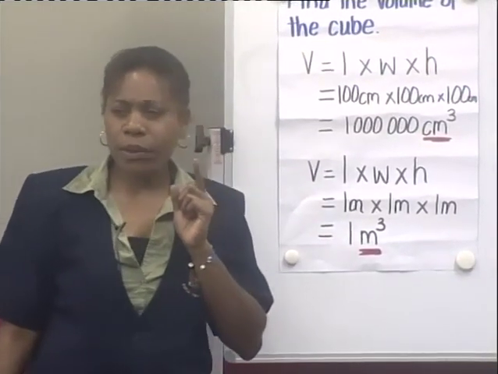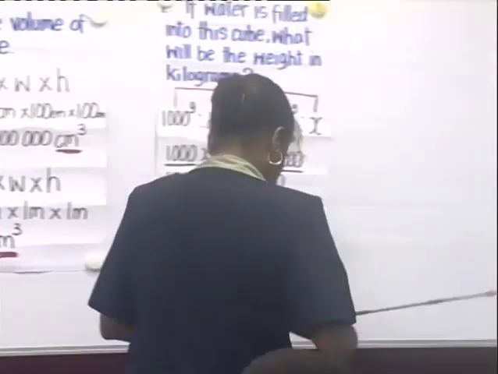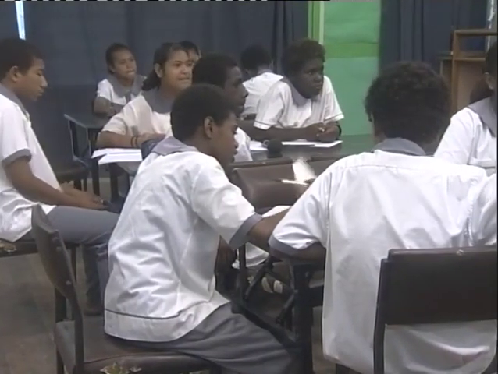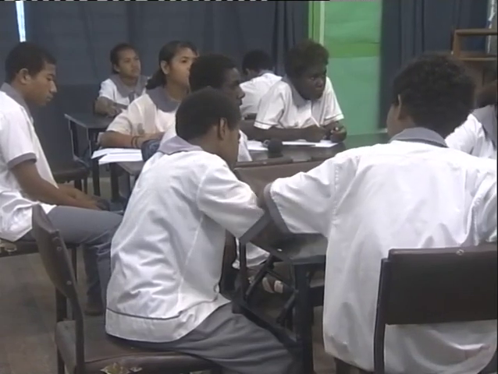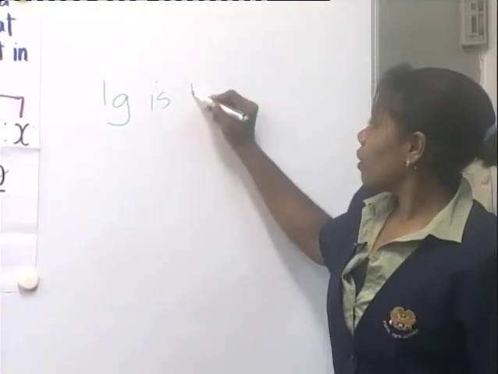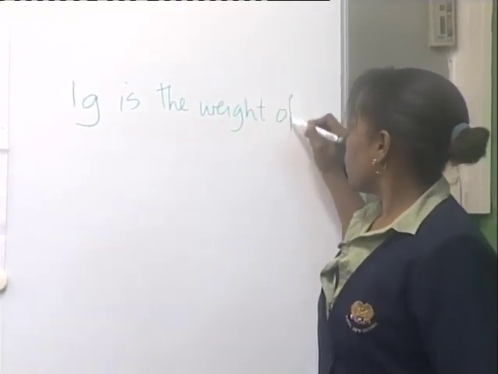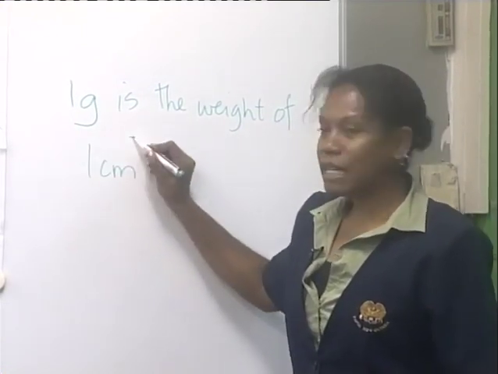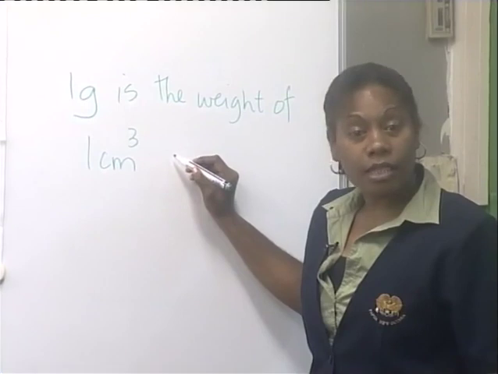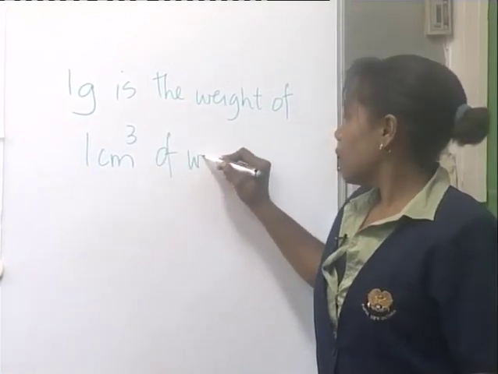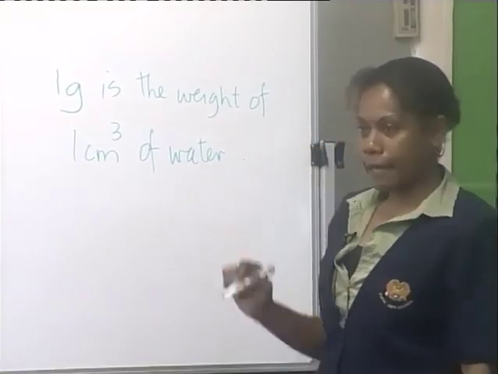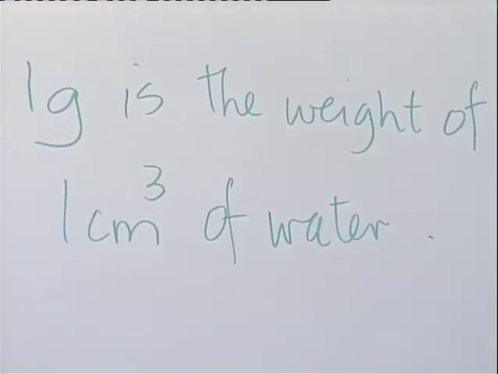Okay, 1 gram is the weight of 1 cubic meter of what? Water. Okay? 1 cubic meter of water. Okay? Now, look up here.